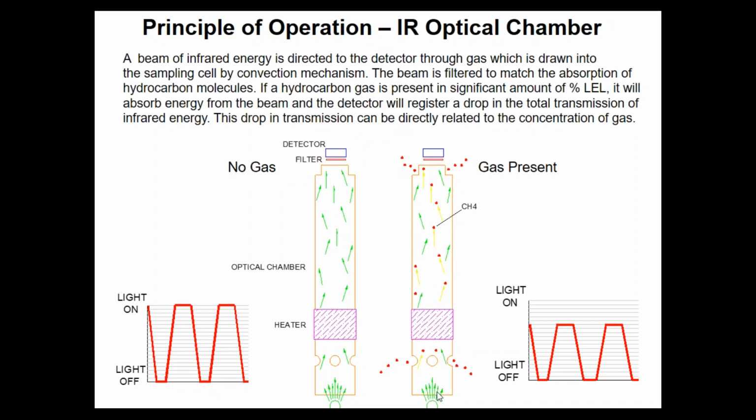Therefore, the light that's coming out from the source, going up to the detector, is now being partly absorbed by that methane molecule, so the detector doesn't see as much light energy as it would with the light on and no methane. So if you compare these two graphs, you can see now light on is some light energy absorbed, light off is still the same. And now we have a method of determining how much gas is in the tube depending on the absorption of light.